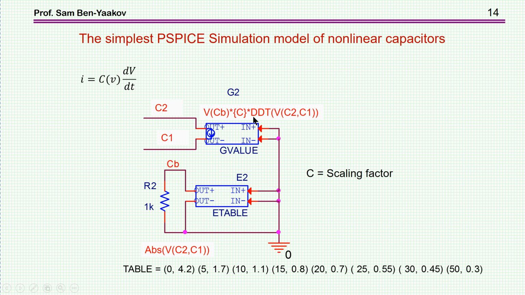And then you have the derivative of the voltage between C2 and C1, this is input voltage divided by T. So this G value is actually implementing this equation while taking the value for any given voltage from this table, which stores the information of this particular capacitor that we are working with. So this is a very basic, very simple model of a nonlinear capacitor implemented in PSpice.